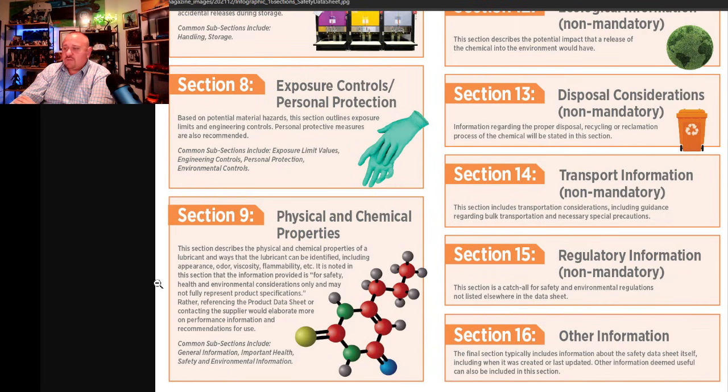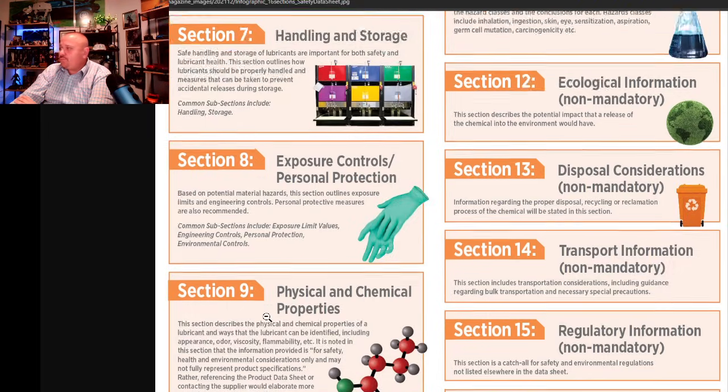Rather, referencing the product data sheet or contacting the supplier would elaborate more on performance information and recommended use. Common subsections include general information and important health, safety, and environmental information.